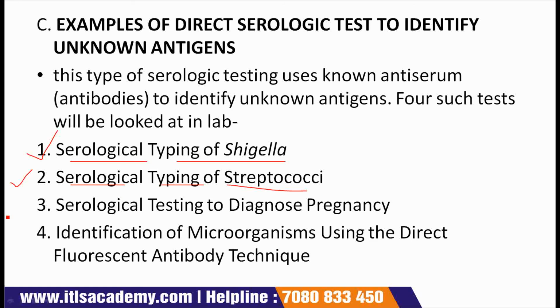Next is serological testing to diagnose pregnancy. The hormone human chorionic gonadotropin produced by the placenta appears in the serum and urine of pregnant females.